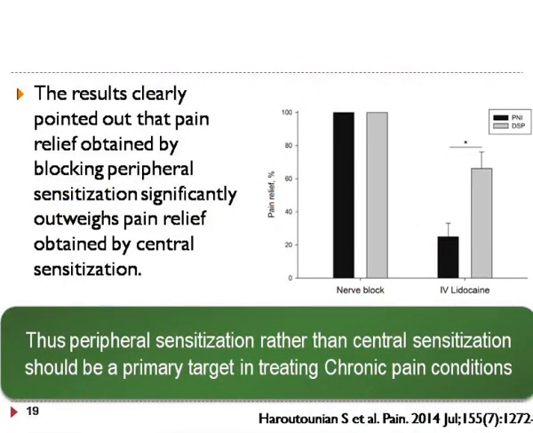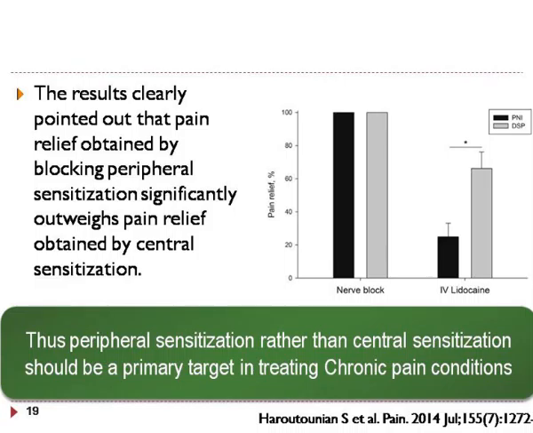So this was another good experiment. Volunteers who had pain were given lidocaine centrally by intravenous route and topically as a nerve block. And what they demonstrated was that after the nerve block, the pain relief was highest in the group where it was applied topically than in those who received systemic lidocaine.